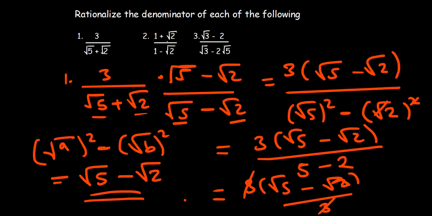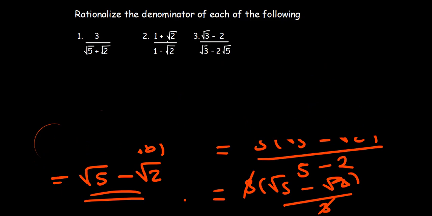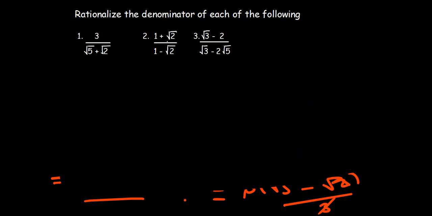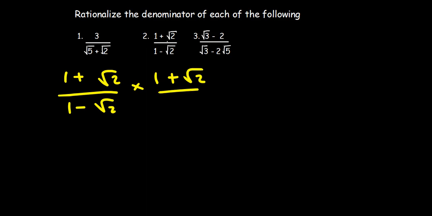Now let us do the second question. We multiply by the conjugate of the denominator. The denominator is 1 minus root of 2, so the conjugate has a positive sign: 1 plus root of 2.